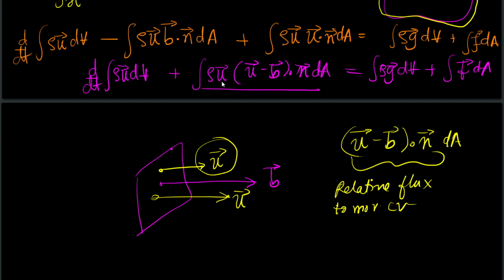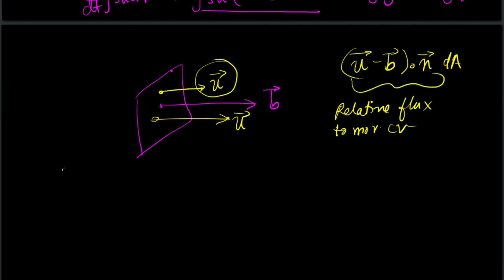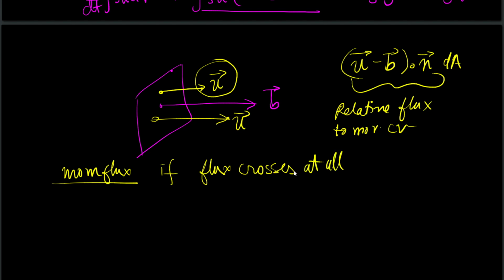So momentum flux can exist across a surface. Okay, listen to me carefully. Momentum flux can exist across a surface if there is some flux crossing that surface. And if flux crosses at all, then the momentum taken out by that flux will be equal to the individual components of the velocity.